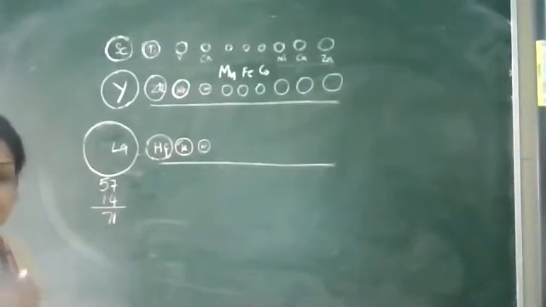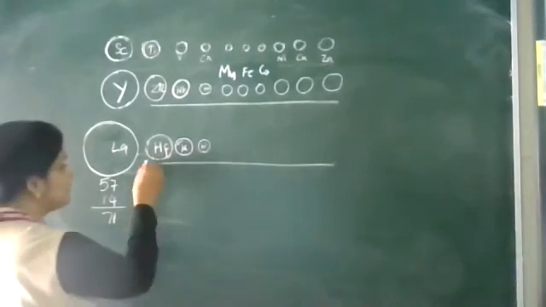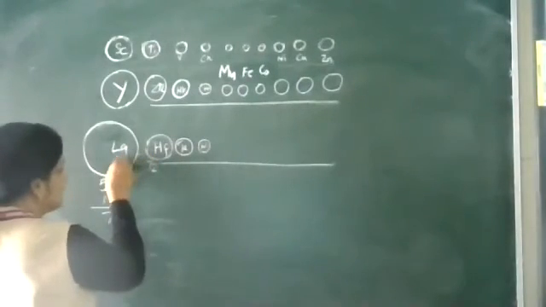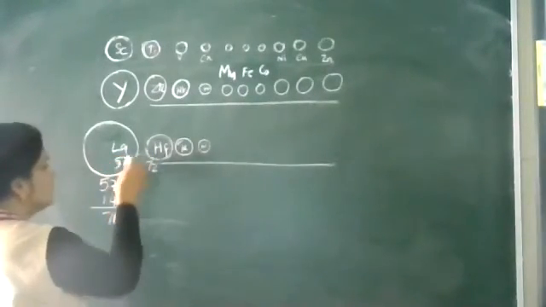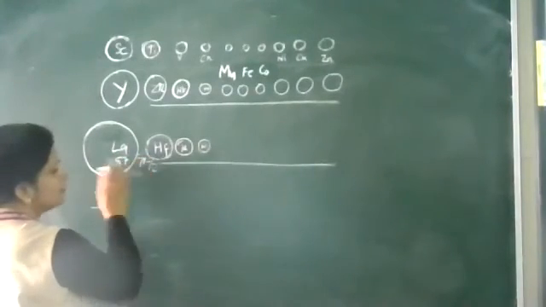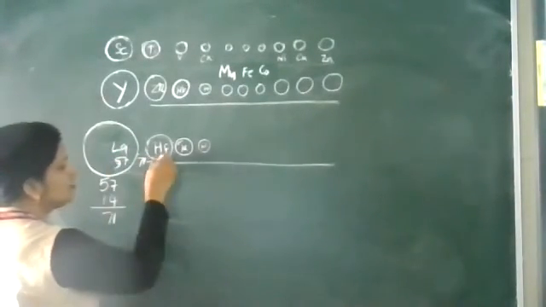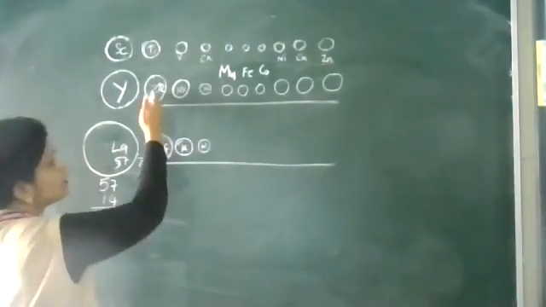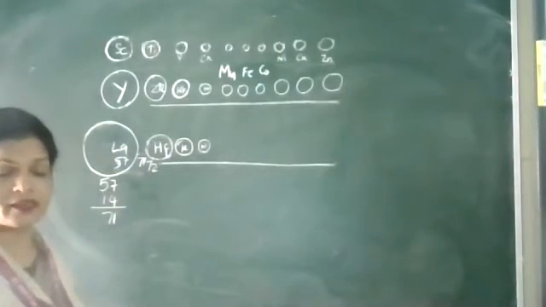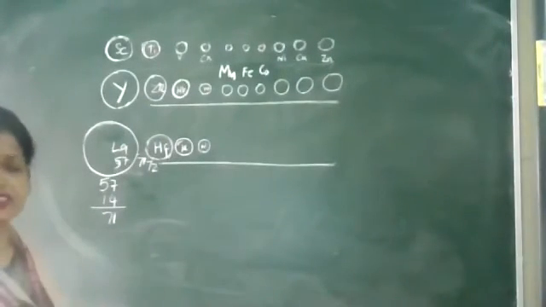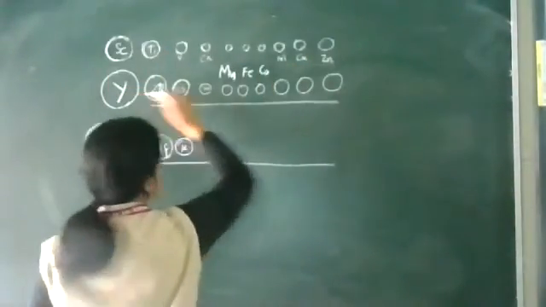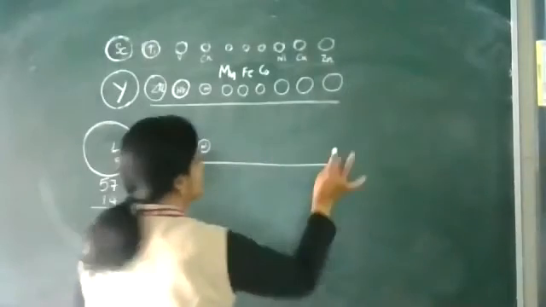There is a gradual decrease in the size. And after 71, when hafnium comes here, the size is almost the same as the second transition series. That means the 4d series. This is the 3d series, this is the 4d series, this is the 5d series.